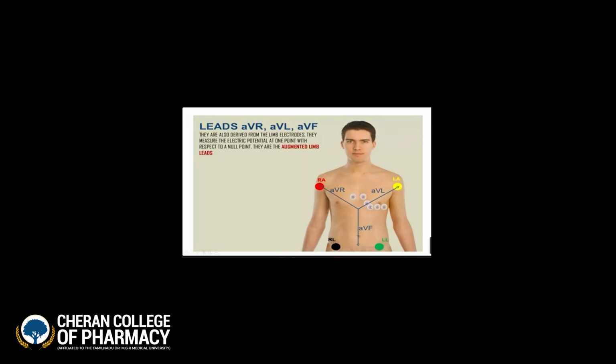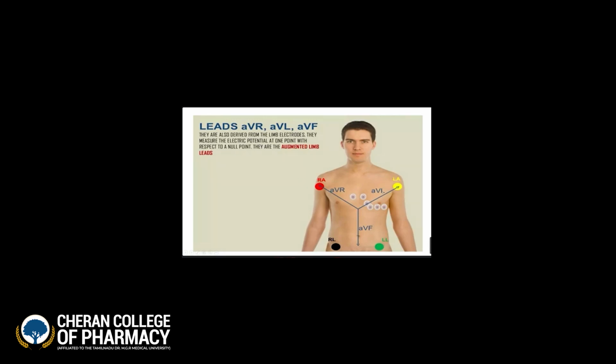These are the anterior leads. As you can see, they are in the front of the chest, right? These four leads are the anterior leads. Then V5, V6, and this LA is 1 and AVL. So these are the lateral leads.